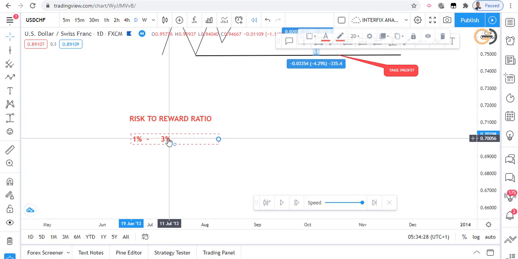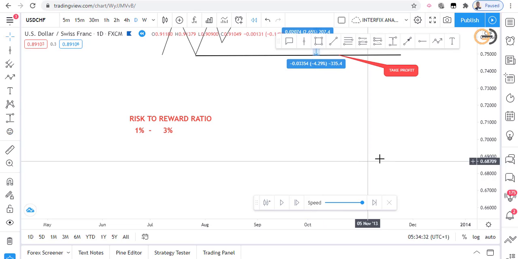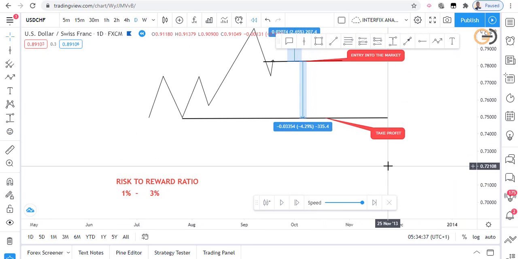All right. So you should be able to only risk 1% to get 3%. If your account is $100, you should only risk $1 to get $3. Don't risk more than that.